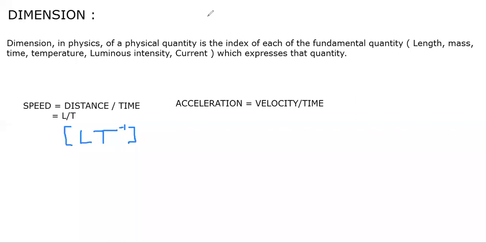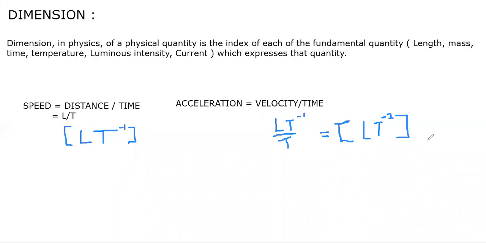So if I put the dimension of velocity, that is LT minus 1, divided by time, now this T when it comes up, it becomes minus 1, minus 1 become minus 2. So dimensional formula of acceleration would be LT minus 2. This is the dimension formula of acceleration.